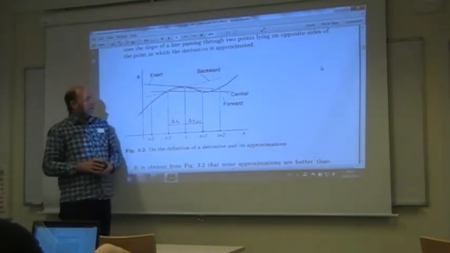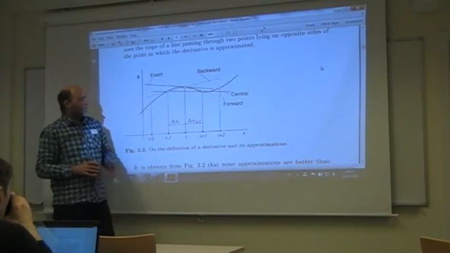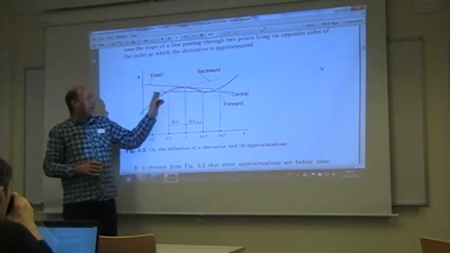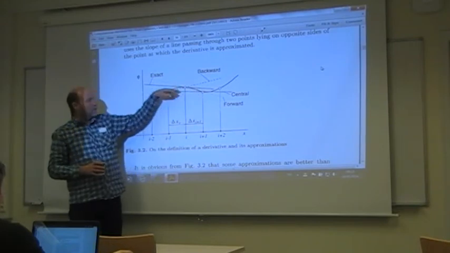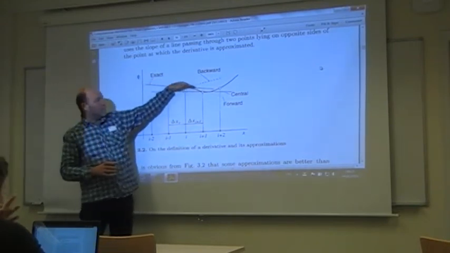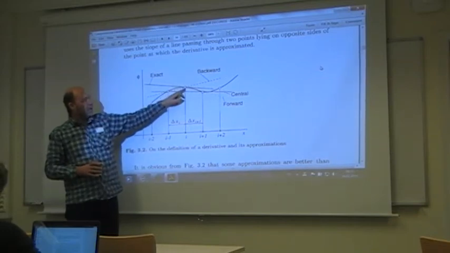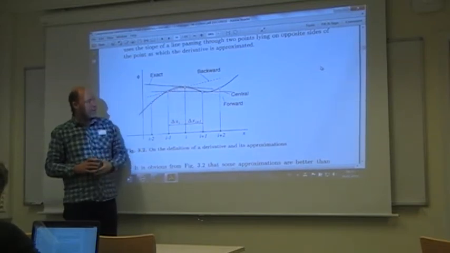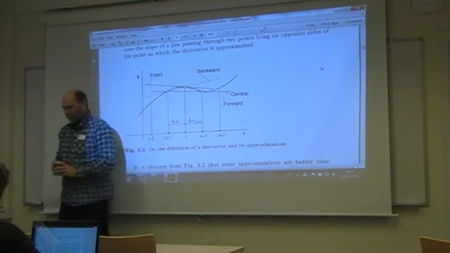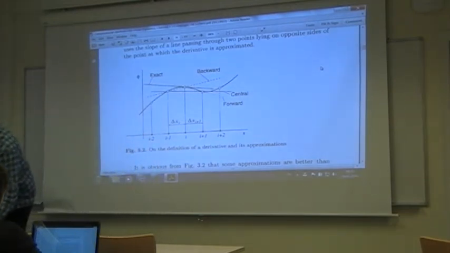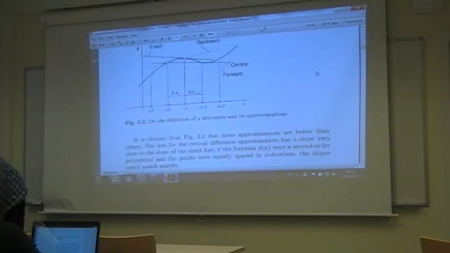And here, the central scheme is definitely the best view of the exact solution to finding a derivative at one single point. Using backward or forward schemes can be very different, dangerous indeed. You can get the totally wrong angle out of it. So variables we have to use with care, of course.